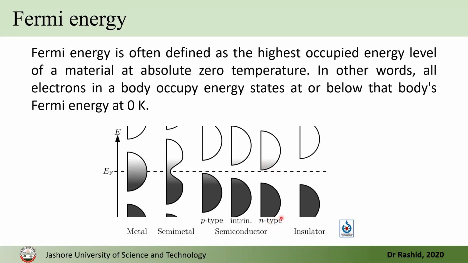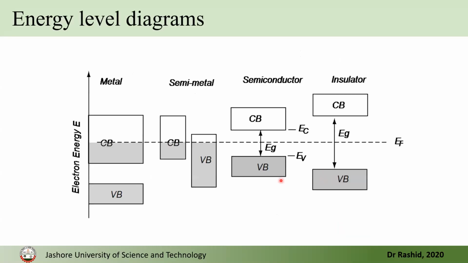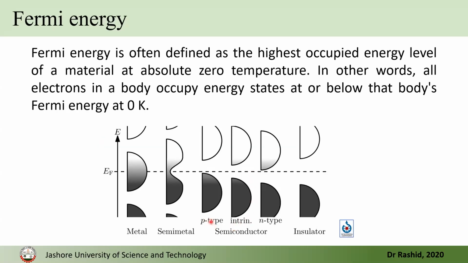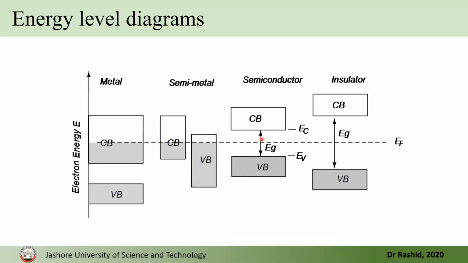This is n-type. I think this can be understood better here. Here I didn't show the different types. This is just an intrinsic semiconductor. For the metal, it's in the middle. For the insulator, the gap is higher than the semiconductor.